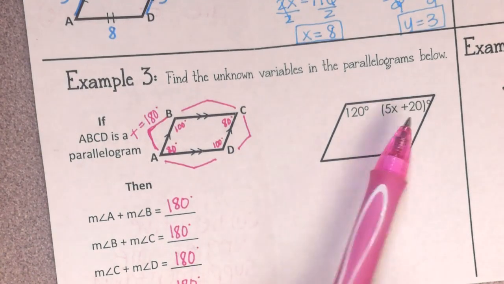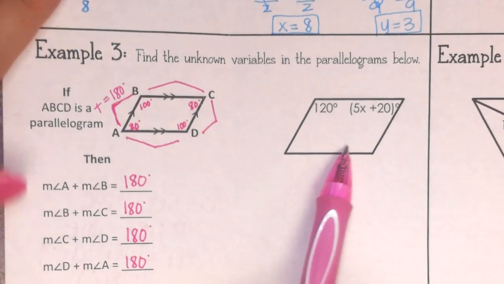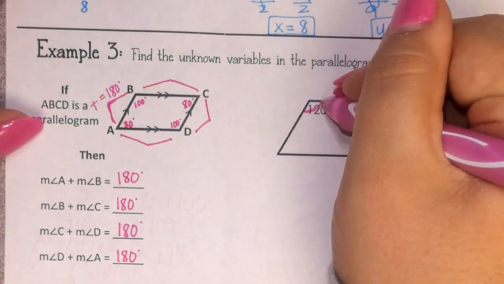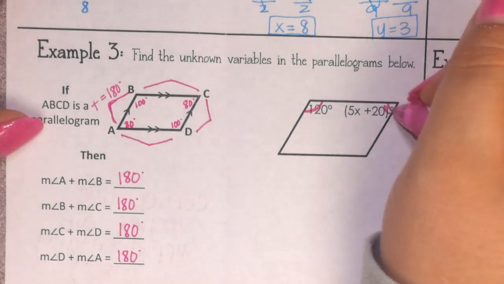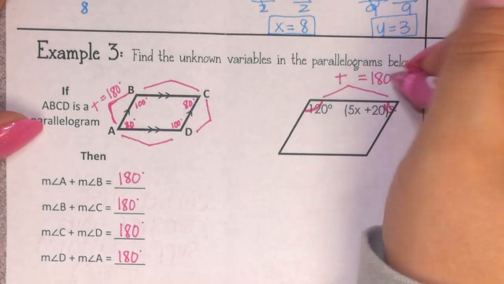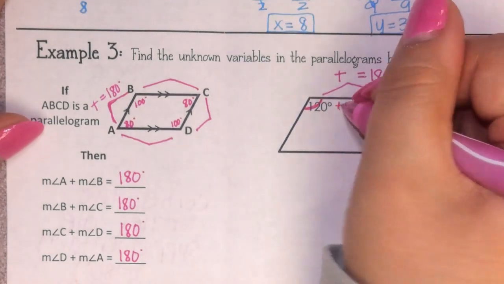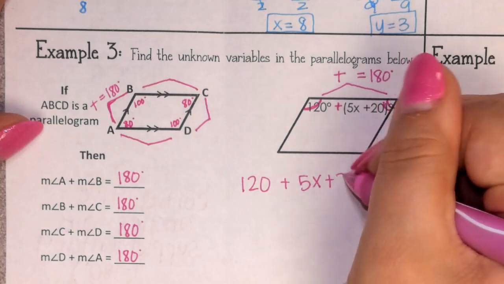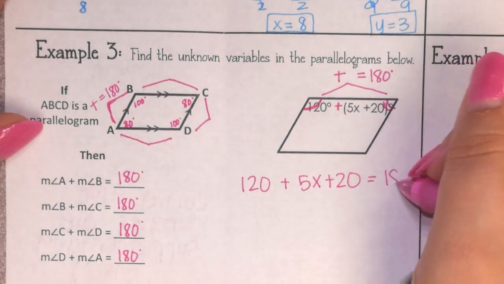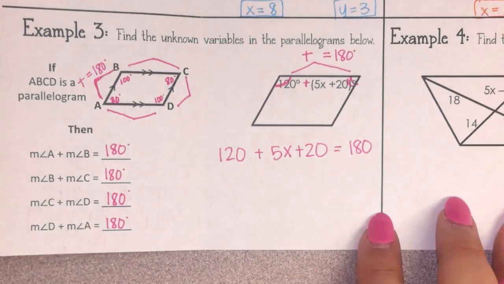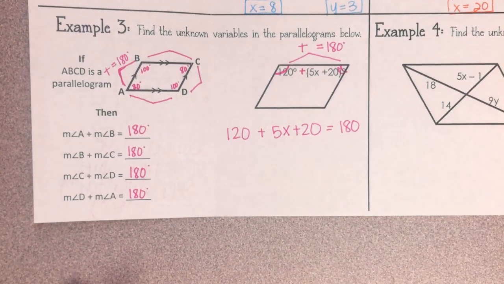So right here, what do I know right here? How do I set that up? I have this one and I have this one. What do I know about them? They add up to equal 180. So I'm going to add them and do 120 plus 5x plus 20 equals 180. We have not solved a problem like this in a while.